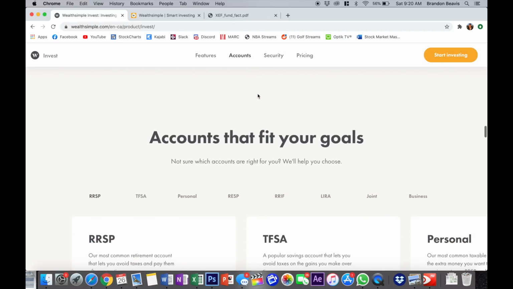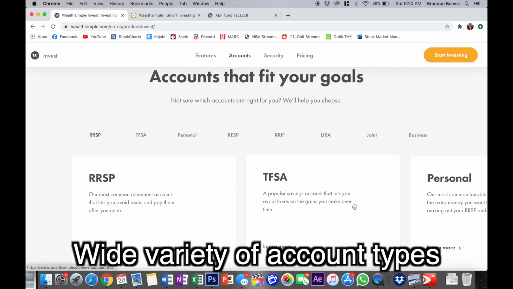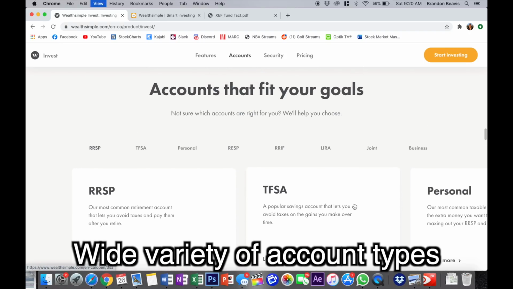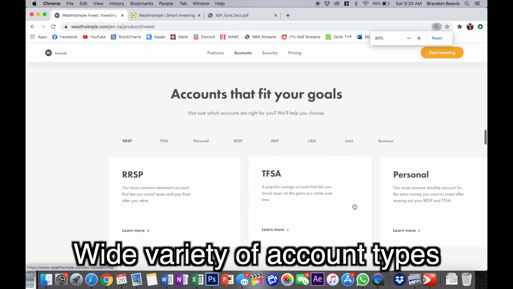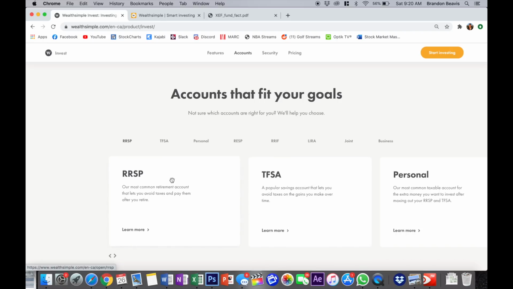And then, of course, what is of utmost importance is that you can select pretty much any investment account here. I'll bring this a little larger so you can see. When you choose to invest on Wealthsimple Invest, or any brokerage for that matter, you have to select which account type is best for you.